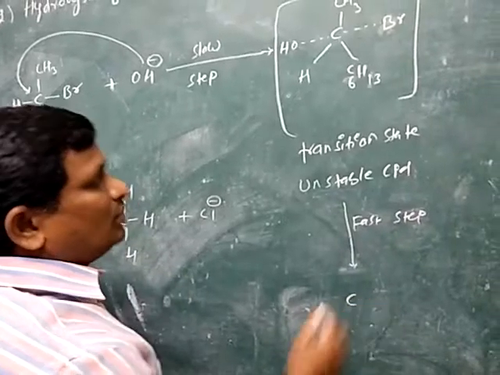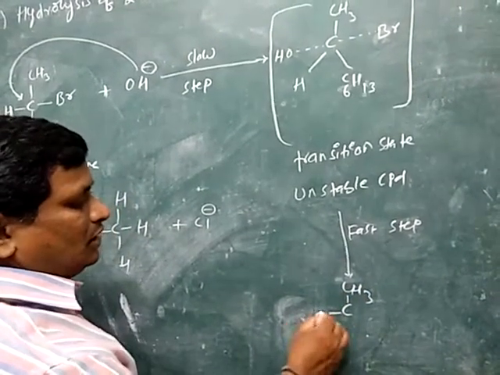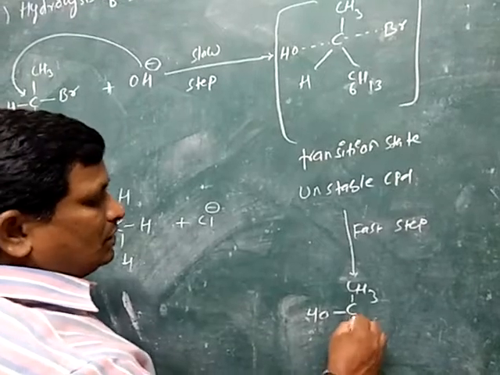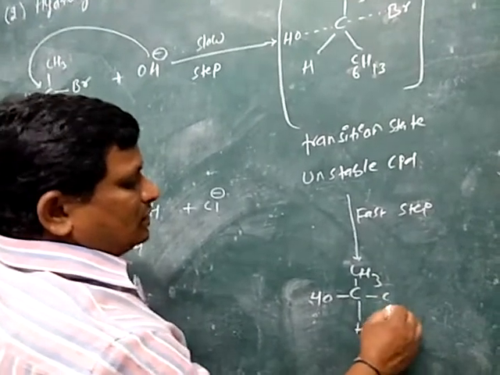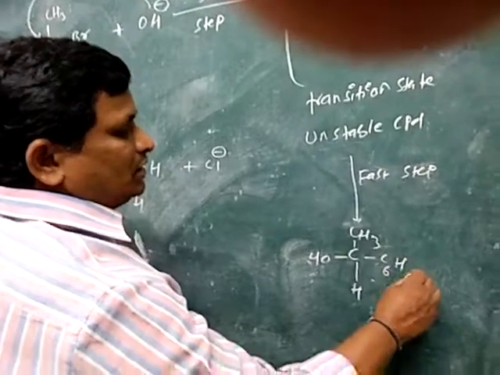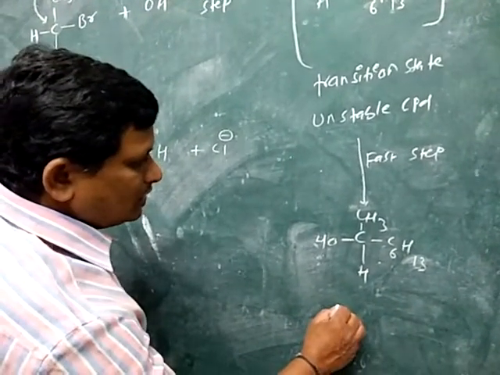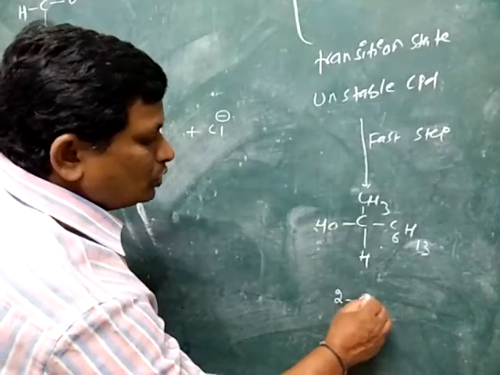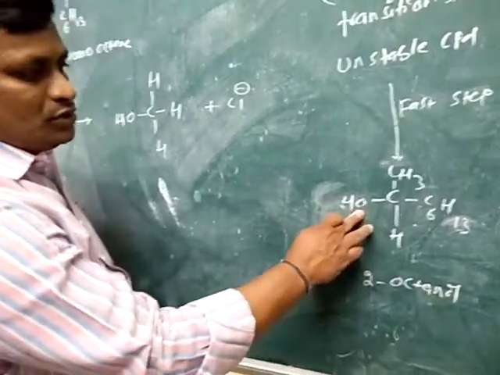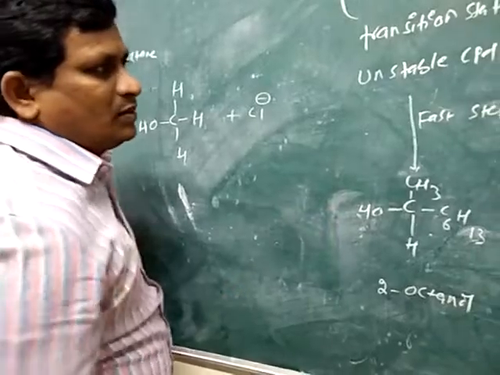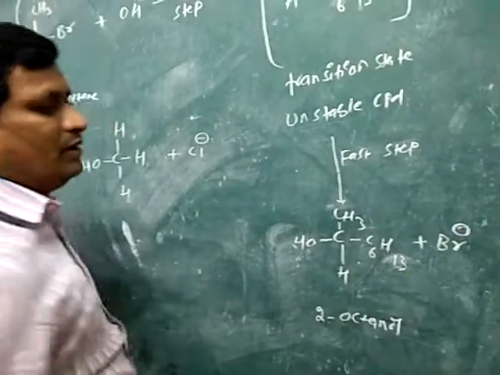The obtained compound has CH3, OH, H and C6H13 on the carbon. It is known as 2-octanol, because the OH group is present on the second carbon, and bromide ion is also obtained.